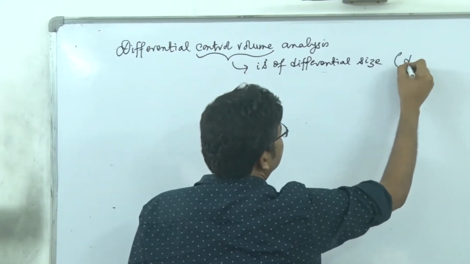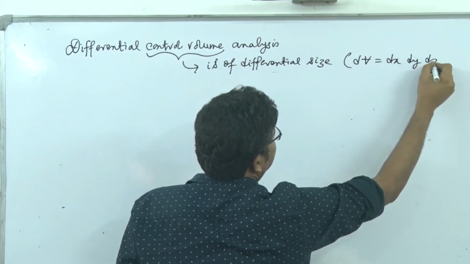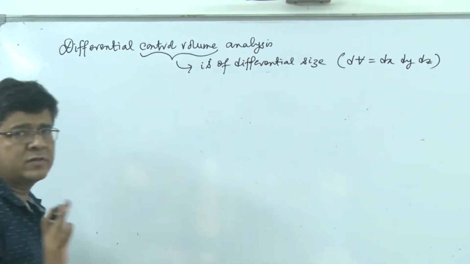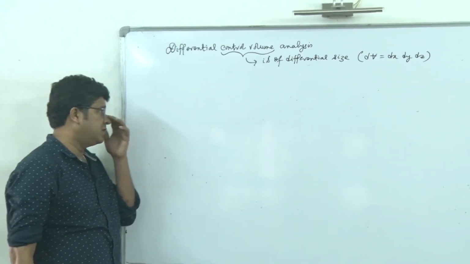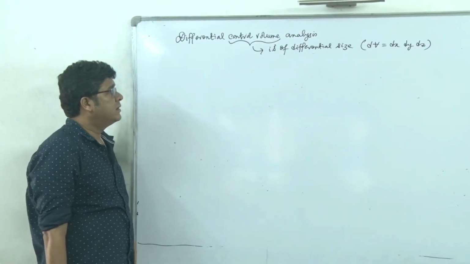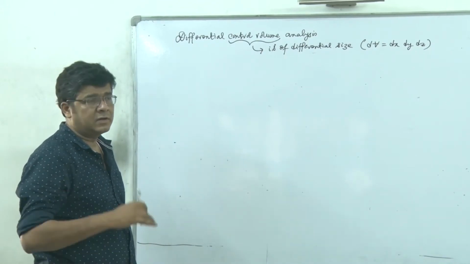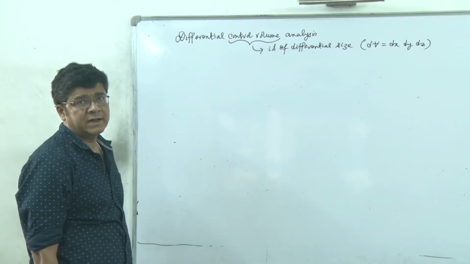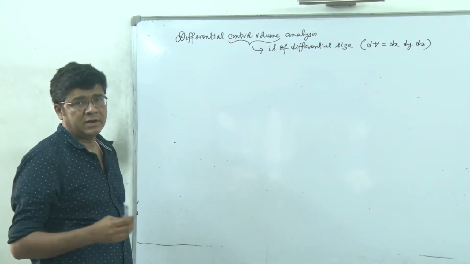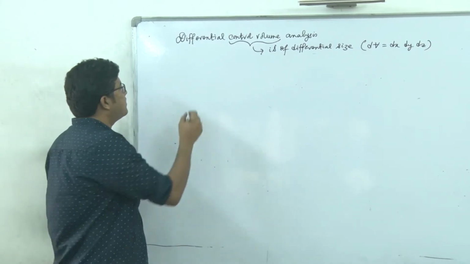Like the volume in Cartesian coordinates will be dx, dy, dz. So we will mostly focus on Cartesian coordinates, and from there we will get the general form in terms of vector operators like divergence. Once we have converged to a general vector operator like divergence, we can easily generate the cylindrical coordinate form or spherical coordinate form.